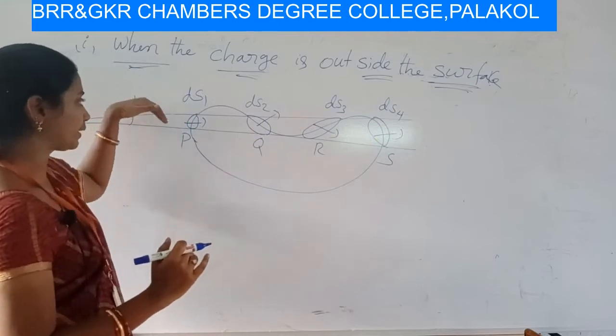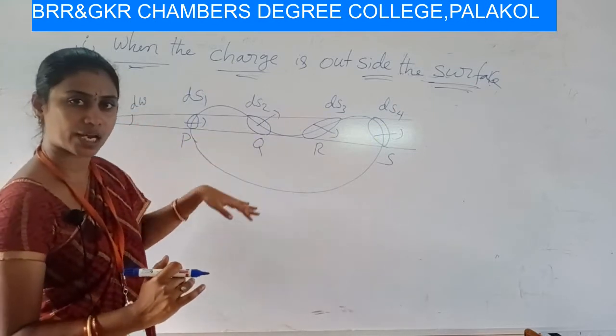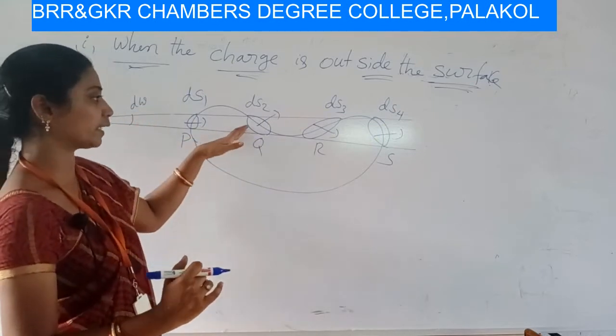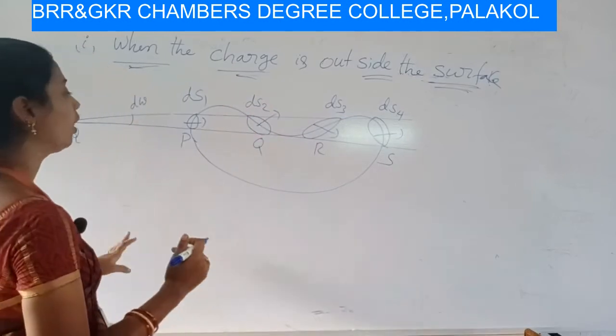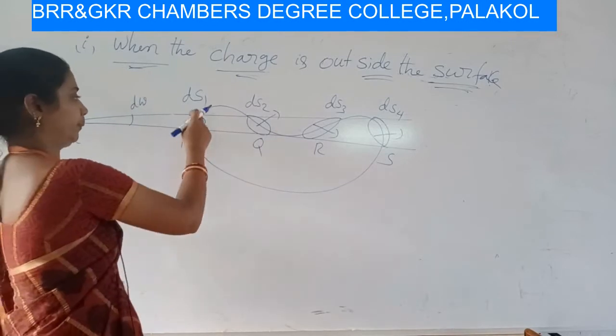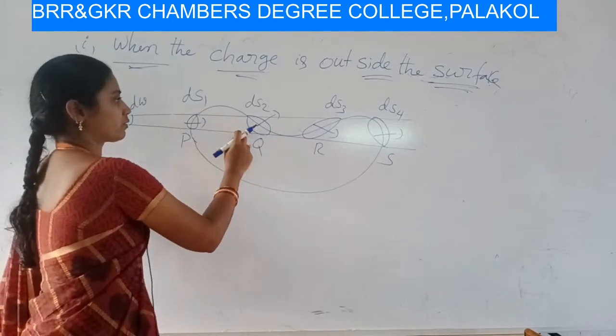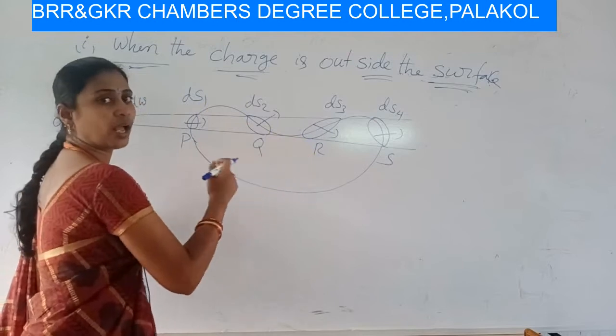We know flux entering in the inward direction is taken as negative and flux leaving in the outward direction is taken as positive. Hence we can write the electric flux for the 4 areas ds1, ds2, ds3 and ds4 as follows.